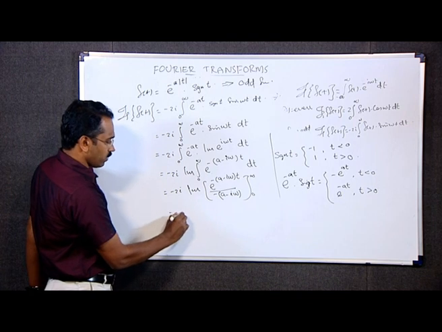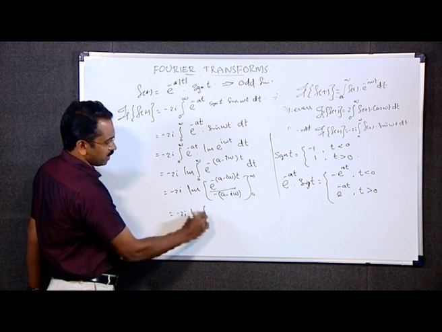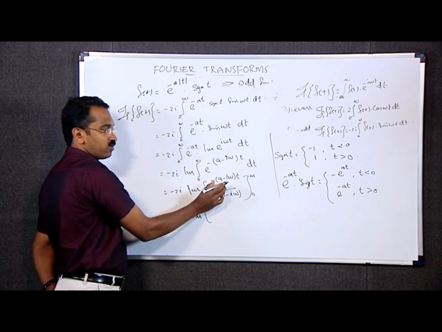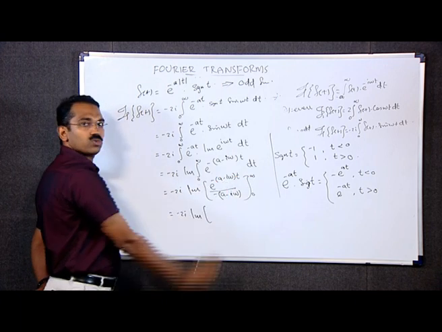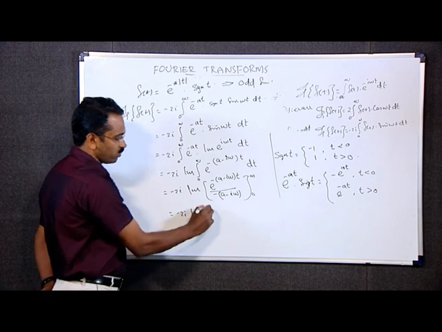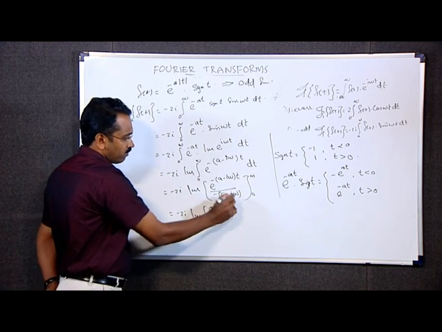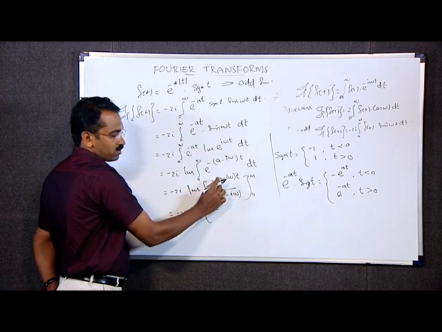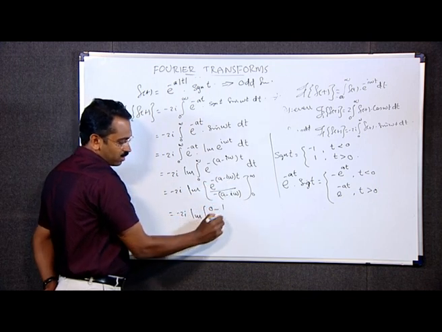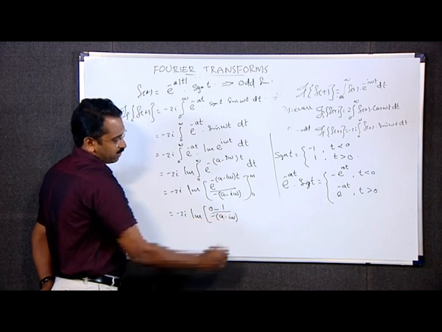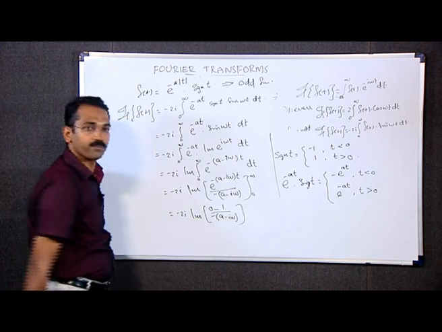This is equal to minus 2i into imaginary part of, when t equal to infinity, this numerator tends to 0 because e raised to minus infinity tends to 0, minus, when t equal to 0, the numerator will become 1 divided by minus of a minus i omega.